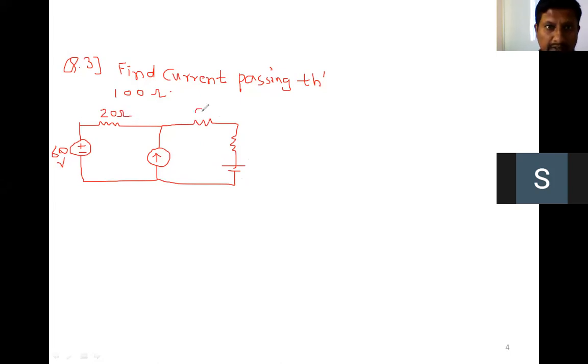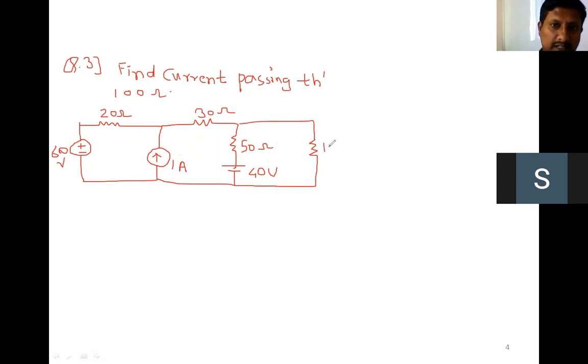This resistor is 30 ohm. This current source is 1 ampere. This resistor is 50 ohm. This DC voltage supply is 40 volt. And here it is 100 ohm.